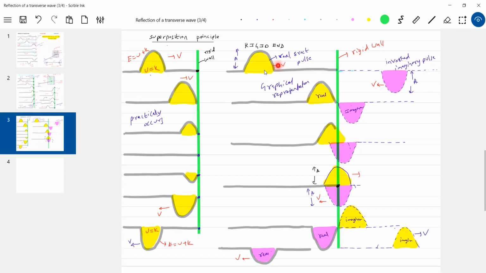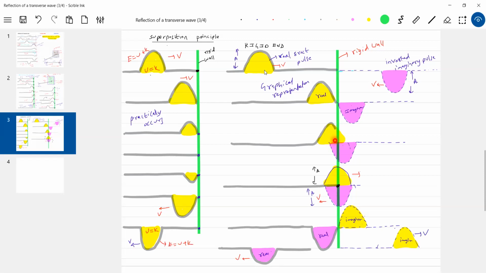If an erect pulse approaches a rigid wall, what should you do? Instead of using the method where, at point P, tension will act and since it's rigid, it will not shift, simple: you imagine another inverted imaginary pulse. This is erect, we call it the erect state. The inverted pulse, you imagine. Take superposition of those two. Then we can say at one point the displacement will be zero. We can predict the displacement of this point also.